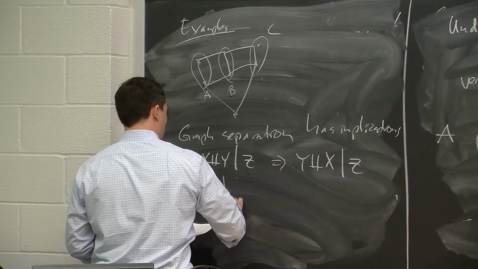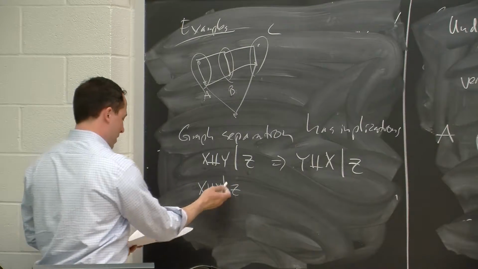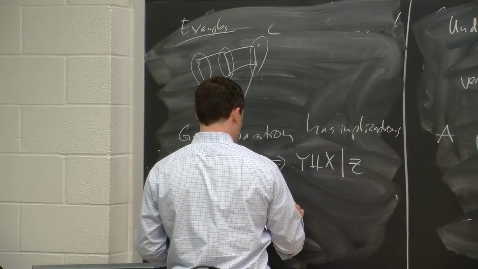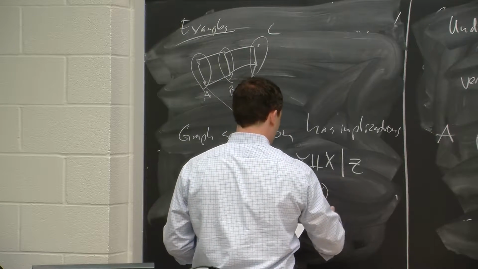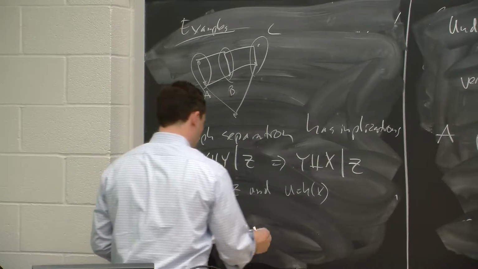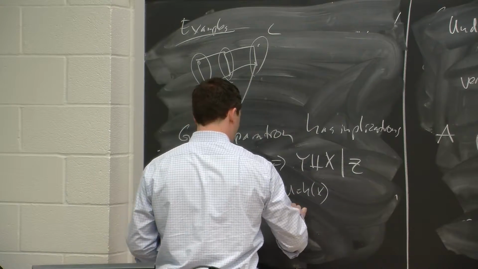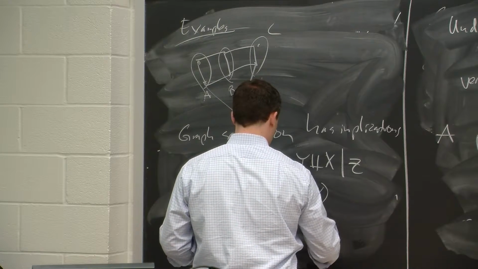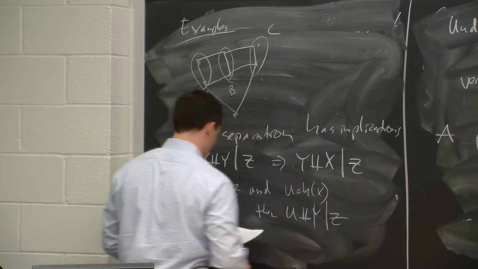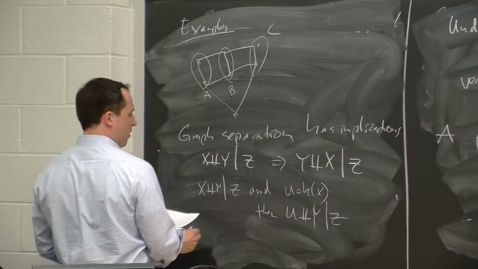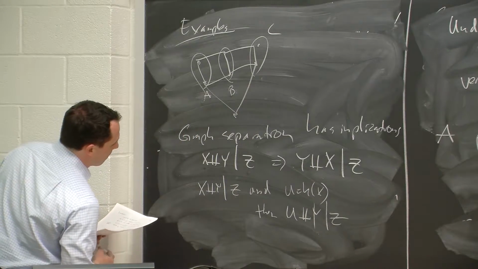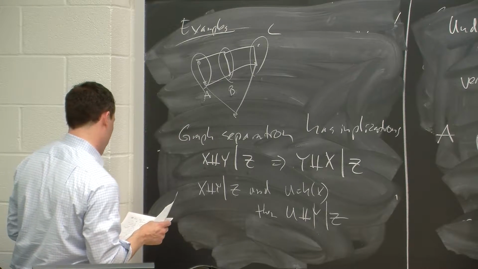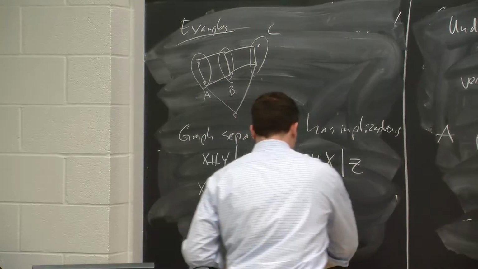If x is independent of y given z, or z separates x and y, and u is some function of x, then u is independent of y given z. I'm sorry, these are actual conditional independence statements. Let me come back to that.